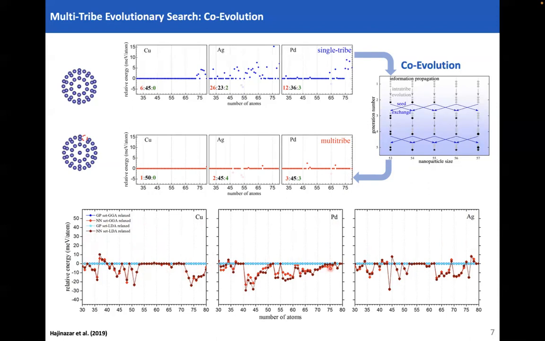And as you can see here, there were so many improvements in terms of the configurations which are lower in energy, more stable compared to what was reported in the literature. And these were just found using the co-evolutionary research based on machine learning interatomic potential.